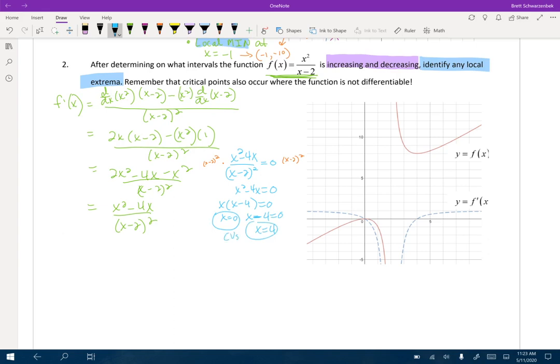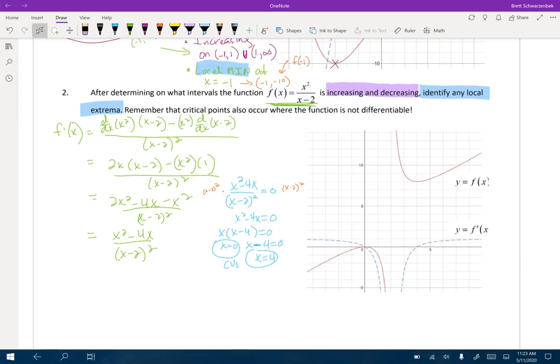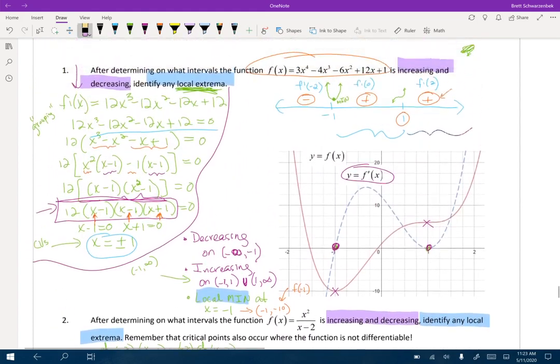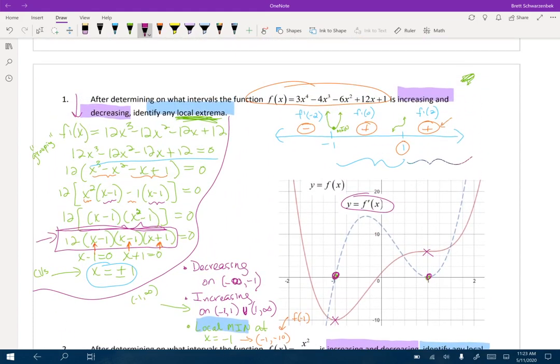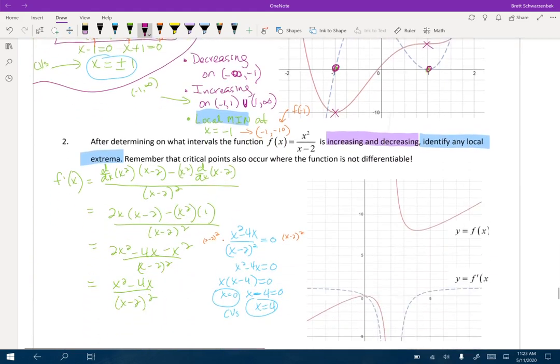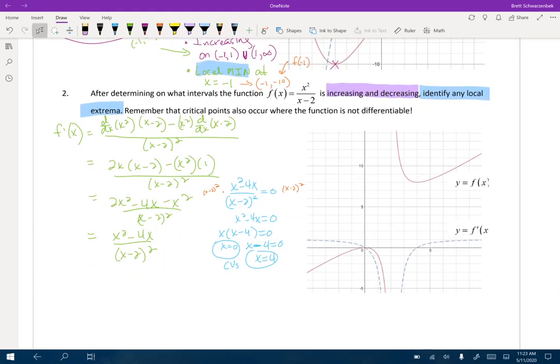Okay, now I have to hit a pause button here because if you recall, I was very keen to point out that we have to be careful that we don't just look at when the derivative is 0. We really have to look at our function to see if there's any other places where the derivative could not exist. So real quick, look at our function.